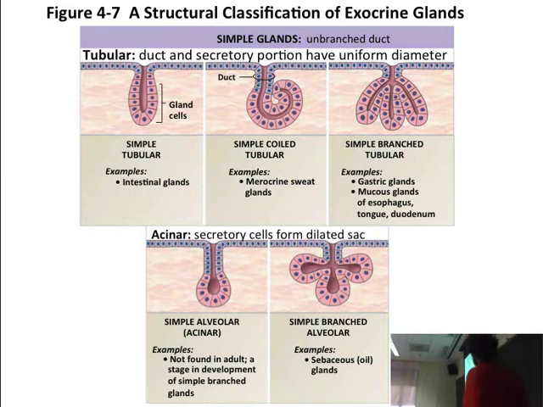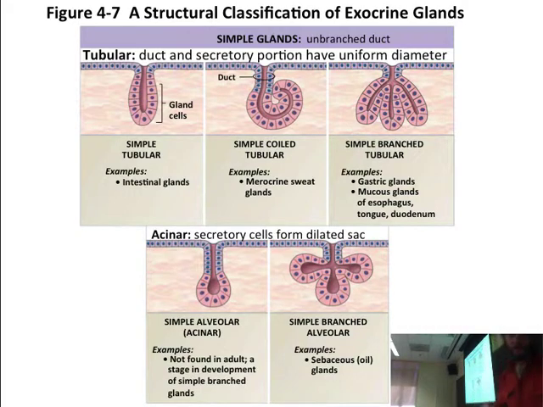So these glands break down into simple, and the next one is compound. And there's these 5 tissue types. I'm not going to test you on this, but I'm showing it to you. So tubular, coiled, branched, and then this alveolar or branched alveolar. So an alveolus is like a little pouch. It's like a cul-de-sac at the end of a tube. Right?